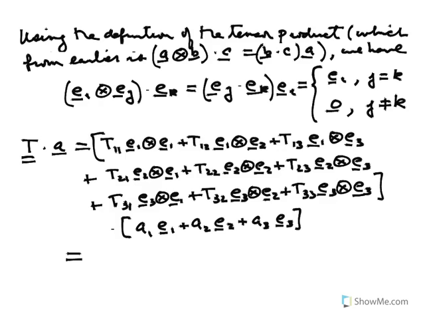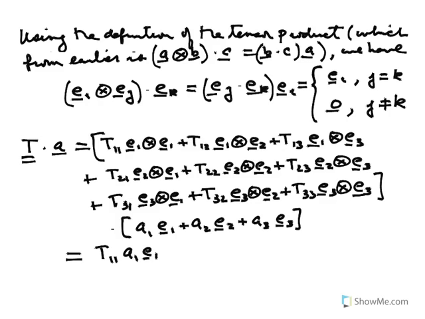Well, E1 circle cross E1 operated on E1, if I follow the rule that I see up at the top here, gives me T11 A1 times E1. And then the next one is going to give me 0. E1 circle cross E1 operated on A2 E2 is 0 because E1 dotted with E2 is 0. And the same thing goes for E1 circle cross E1 operated on A3 E3.